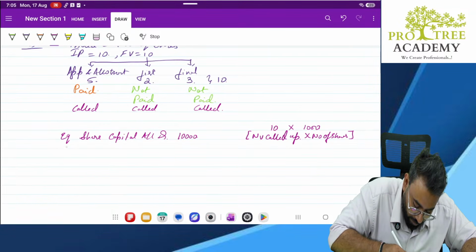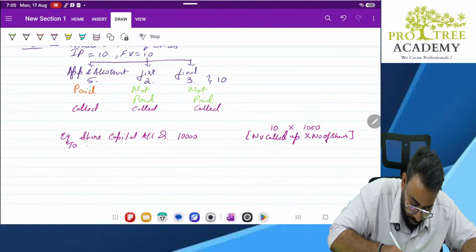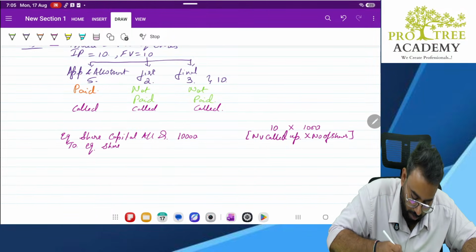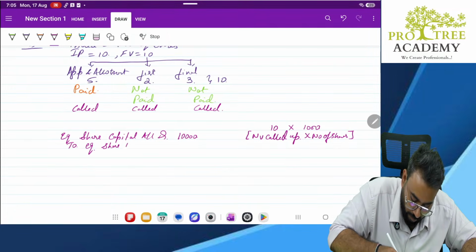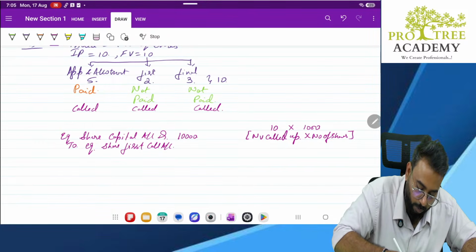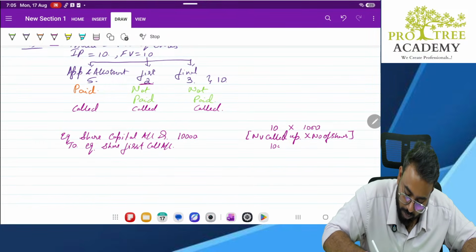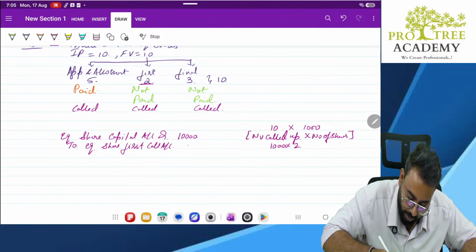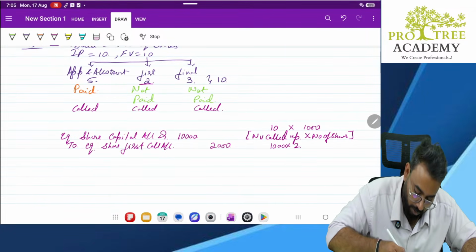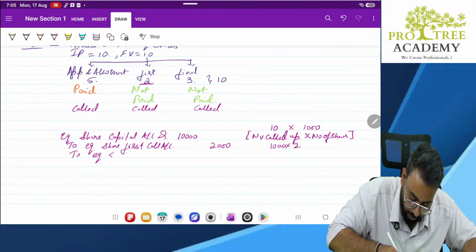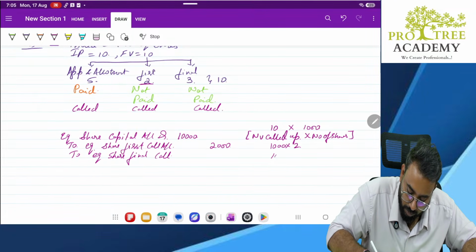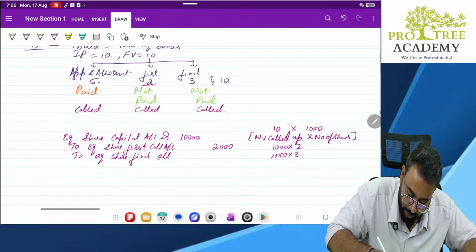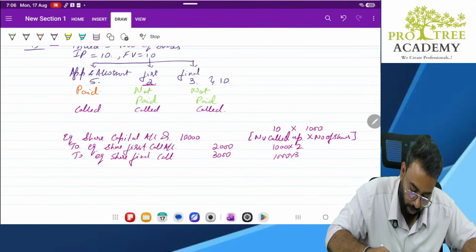So next, to equity share first call account. How much was the first call? 2. So 1000 into 2, that is 2000. Then to equity share final call, 1000 into 3, that is 3000. What about remaining, sir?